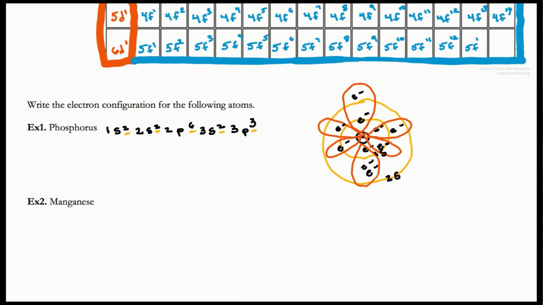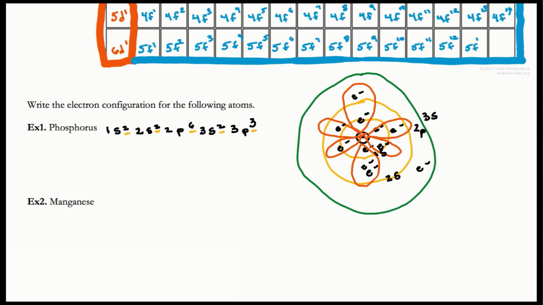Then I have 3s. Well, 3s is going to be a sphere as well, but simply larger. So I will have 2 electrons likely within that 3s orbital. And that was 2p. Sorry about that. So 2 electrons floating somewhere within that entire green region.